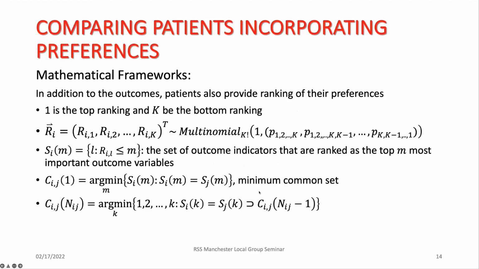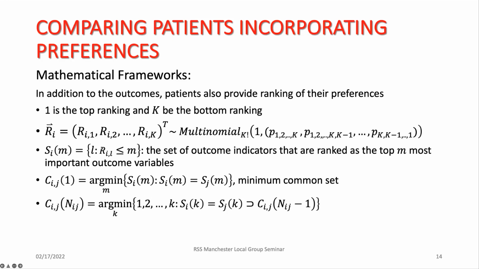Then we ask patients to report their outcomes. We also ask them to rank the importance to them. So they rank RI1, RI2, up to RIK. If we don't allow ties, this becomes a multinomial distribution with all K factorial possibilities, so this becomes one univariate.